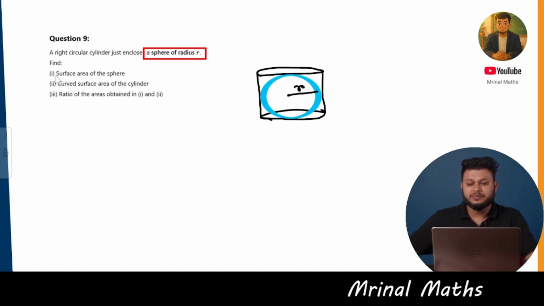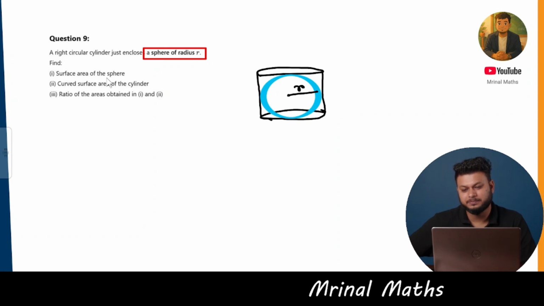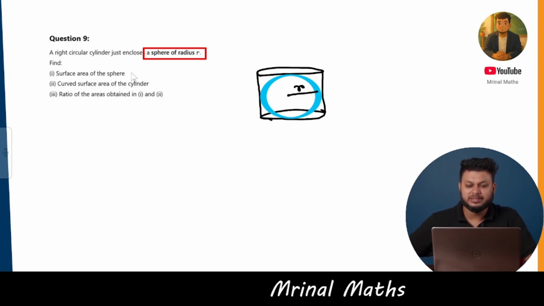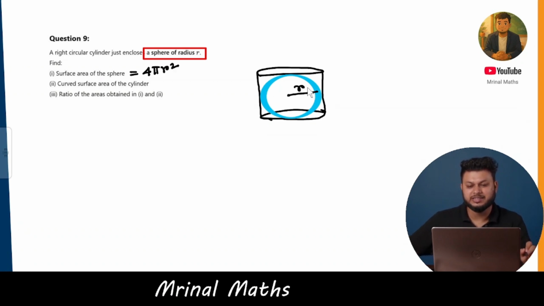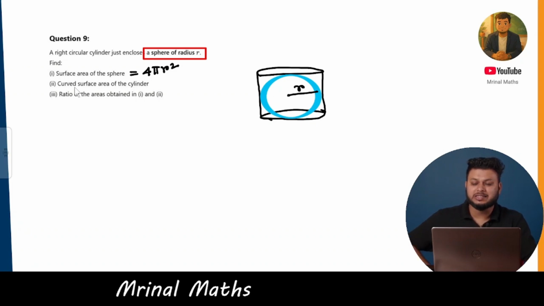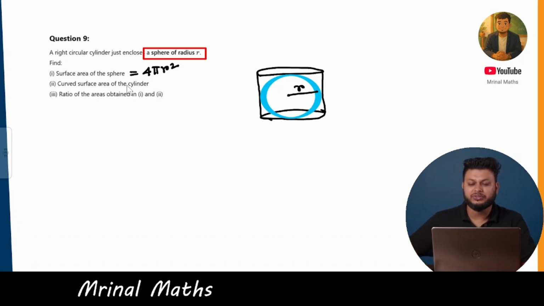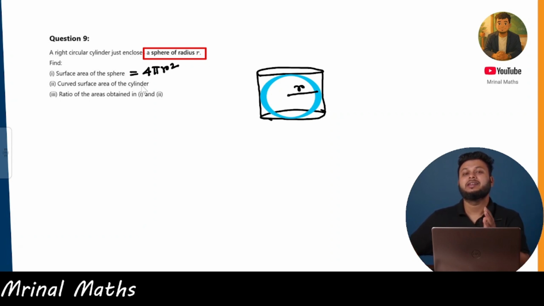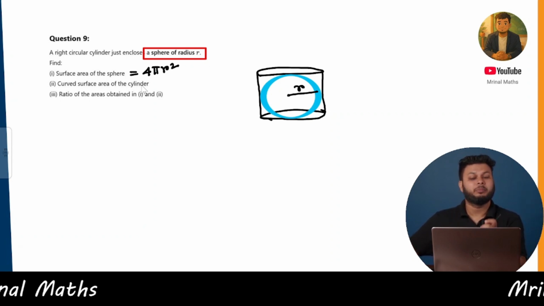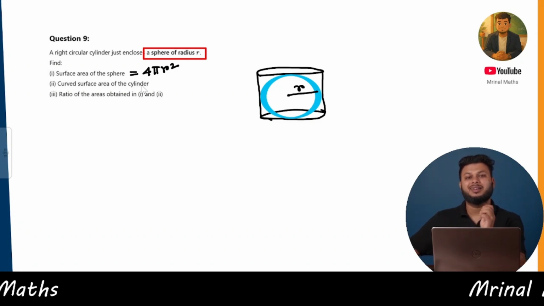They are asking us to find the surface area of the sphere. So, we know the surface area of a sphere is 4 pi r square because the radius is r. Now, they are asking us to calculate the curved surface area of the cylinder. Now, again here cylinder is out of your scope, but for understanding this problem let us discuss.